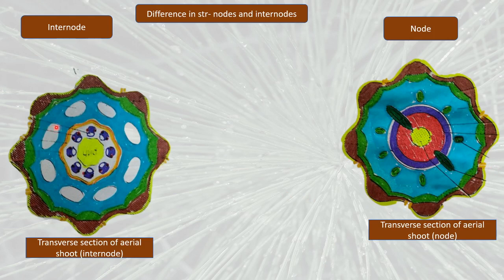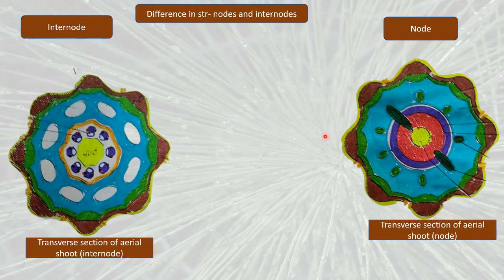So there are some things the same, but some things that are different. I think you are now clear with the understanding of the internode. It has epidermis, chlorenchyma, cortex, inner cortex, parenchyma, vallicular canal, endodermis, pericycle, vascular bundle having xylem, phloem, and carinal canal, and with pith, right? So this is about the internode.